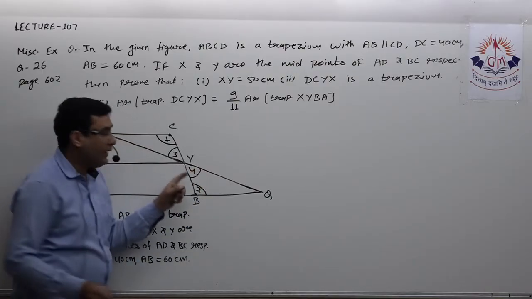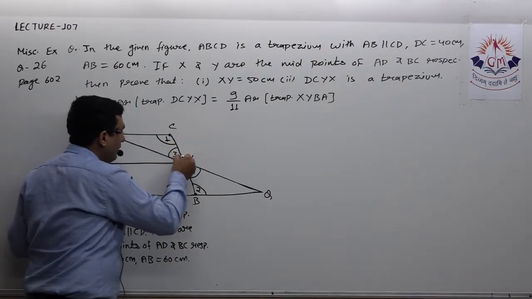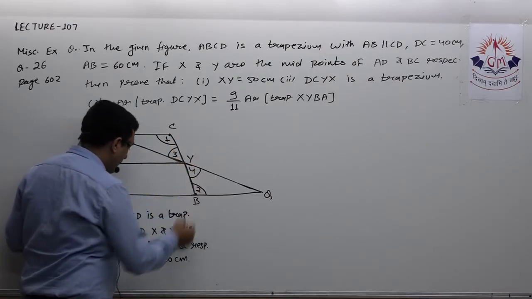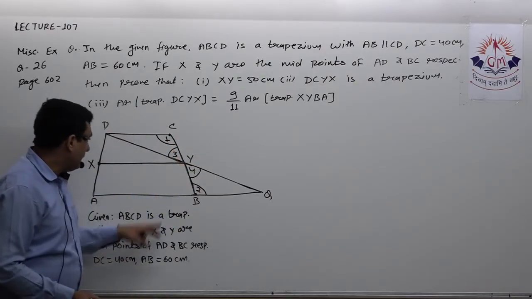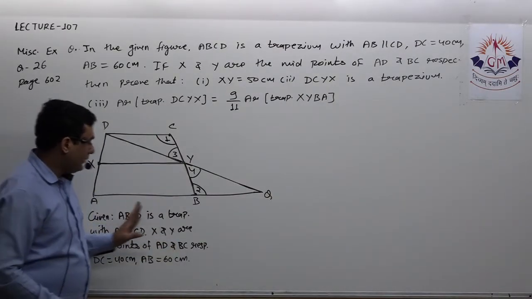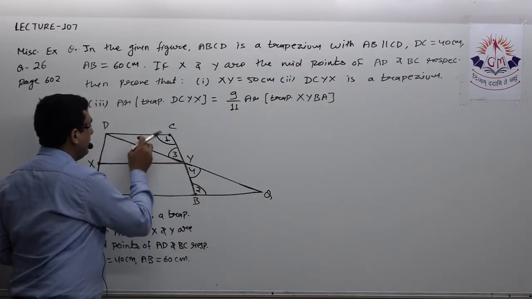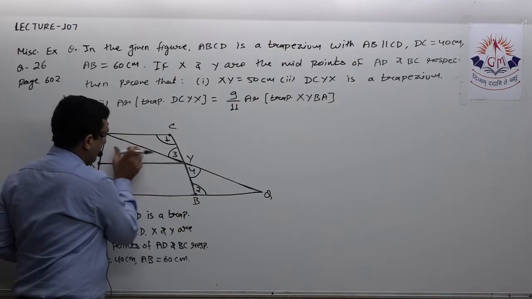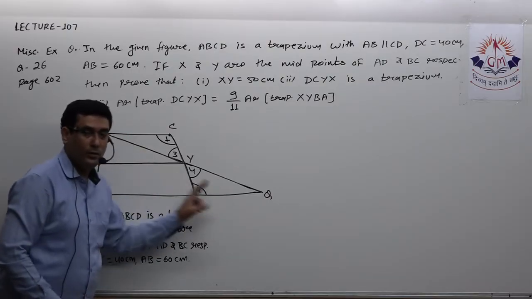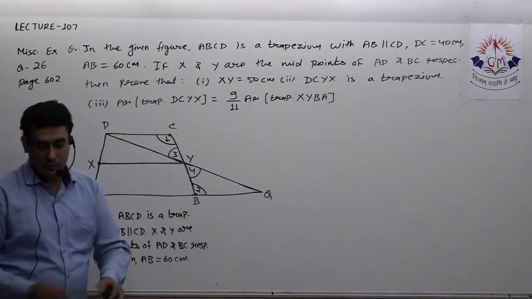They are again equal. Why? Vertically opposite angles. And one thing more I need, here I have CY equal to YB, because it is given that Y is the midpoint of BC. So by using all these, I can say these two triangles are congruent, and by CPCT I can say DY equal to YQ. So the very first thing, I will try to prove these two triangles congruent.